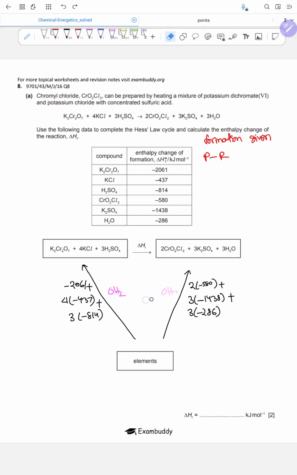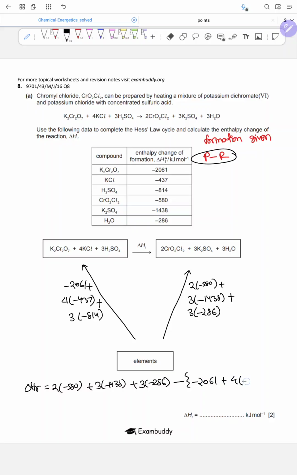But whatever the case, we will use the law that we learned: products minus reactants. So ΔHr is 2 × (−580), you must write that, plus 3 × (−1438) plus 3 × (−286), minus, for reactants, (−2061) plus 4 × (−437) plus 3 × (−814), and it will give a value of... let me put it in the calculator. Alright, it's −81 kilojoules per mole. Alright, −81.0. I'll just add a 0 because I like it.